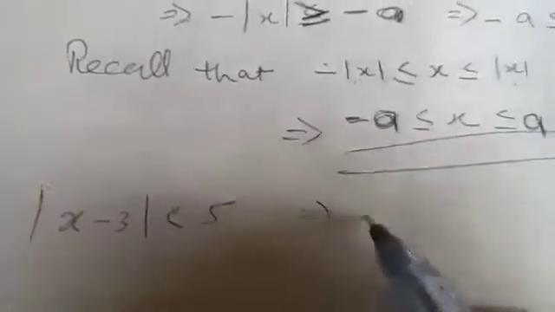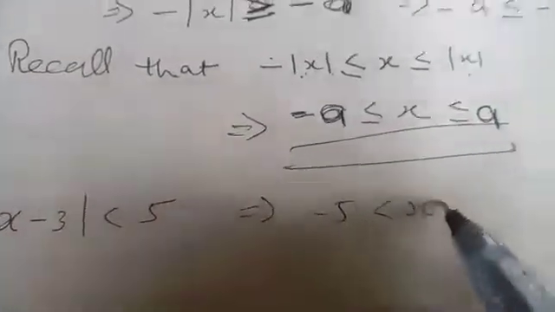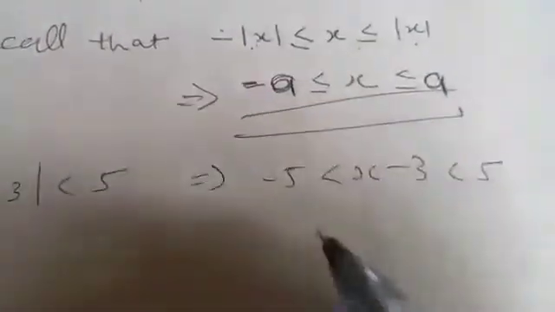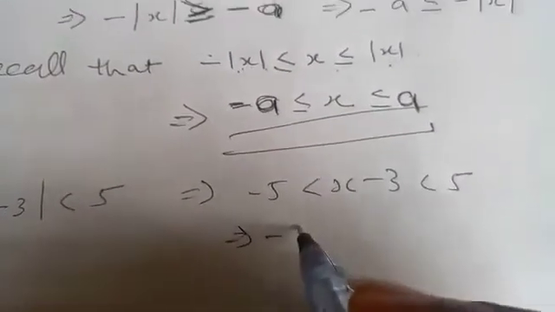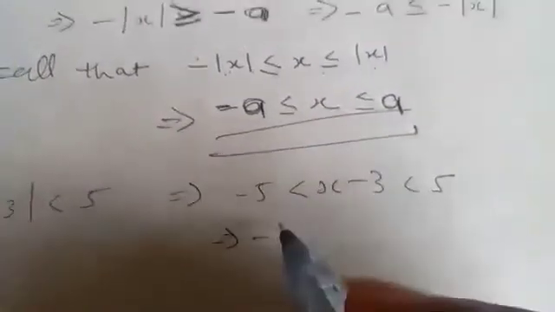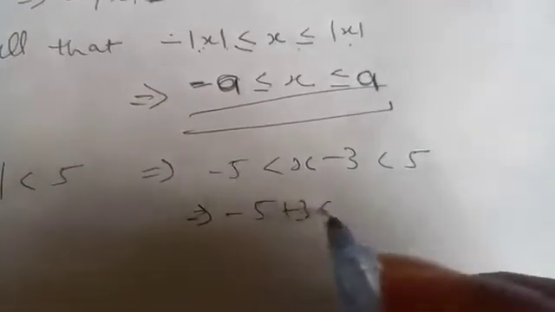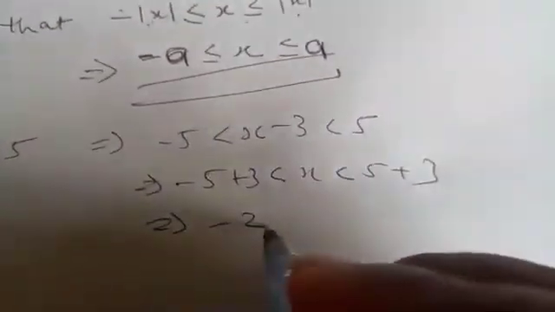To solve this, I'll just say minus 5 is less than this is less than 5. And that simply means I can add plus 3 to both sides. So that will be minus 2 is less than s is less than 8, which gives the solution to this inequality.